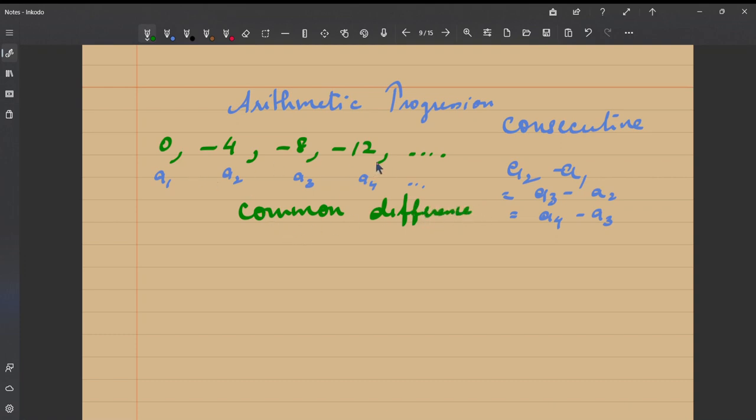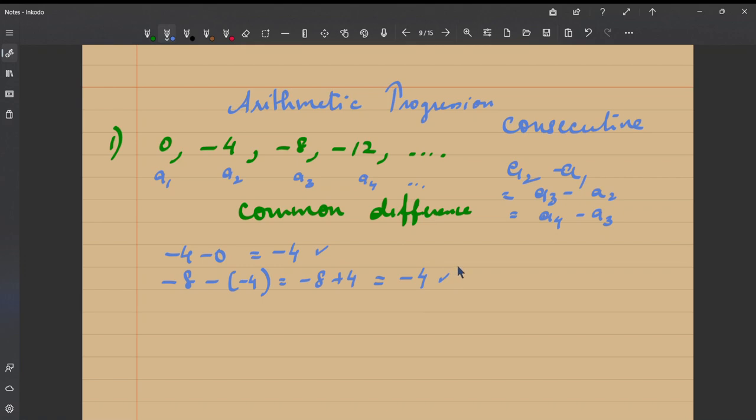So let's check this first example of ours. What is the difference? Let's do A2 minus A1 first, which is -4 minus 0. It gives us -4. And A3 minus A2 is -8 minus of -4, which is -8 plus 4. This is also equal to -4.